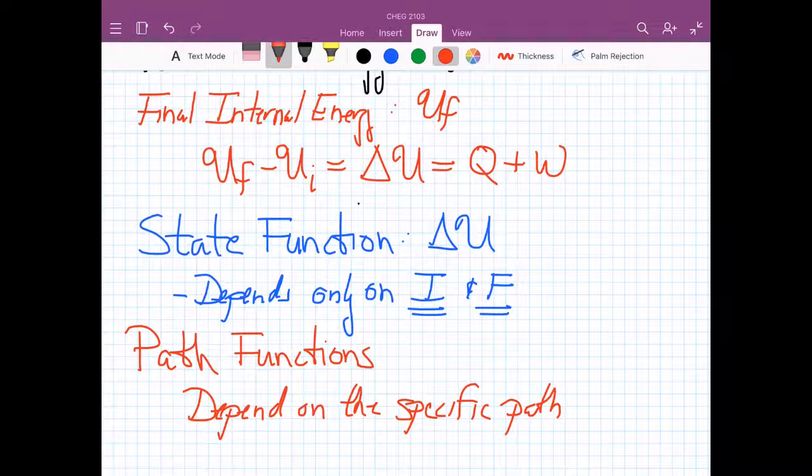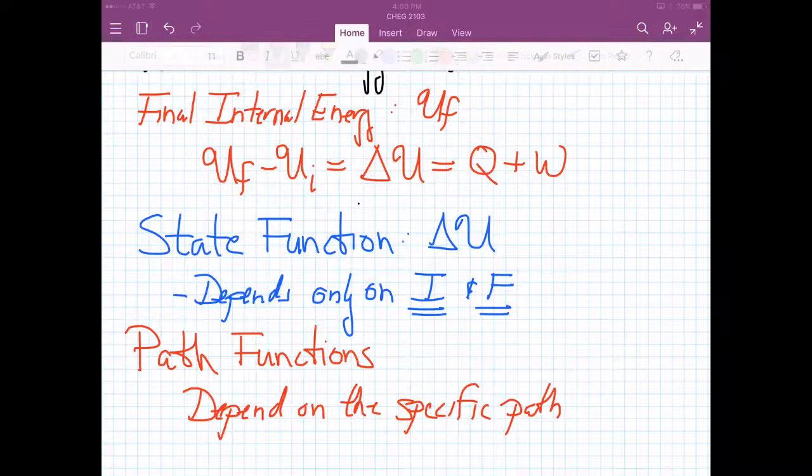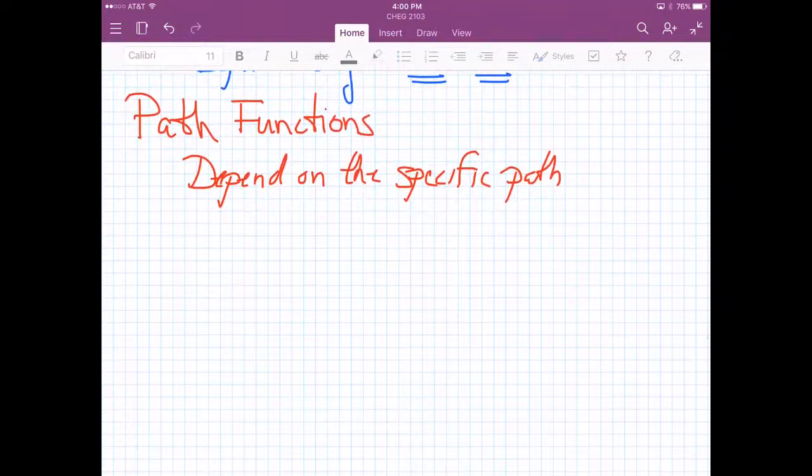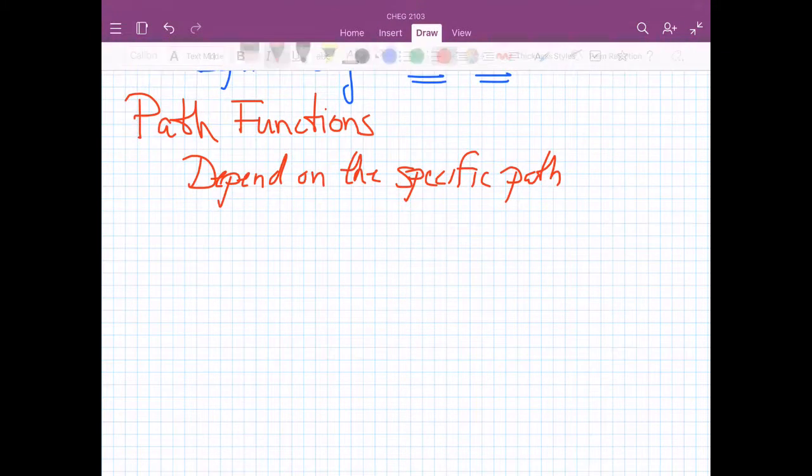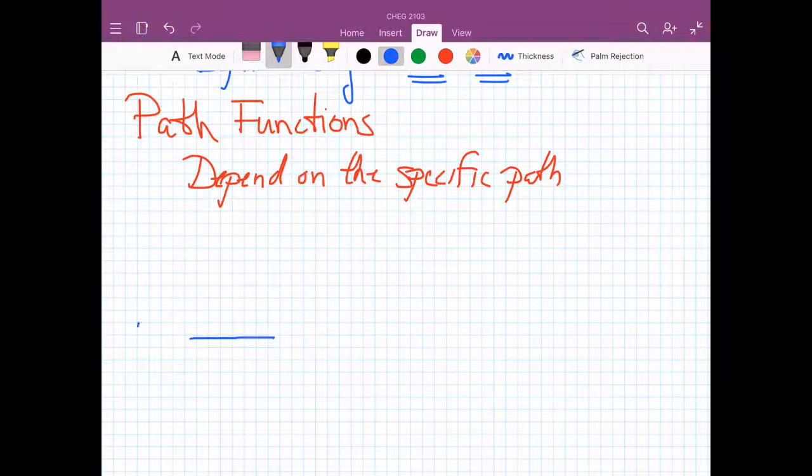So to give you an idea of how that works, let's say that this represents U initial. And over here, U final happens to be the same state, so these two are equivalent.